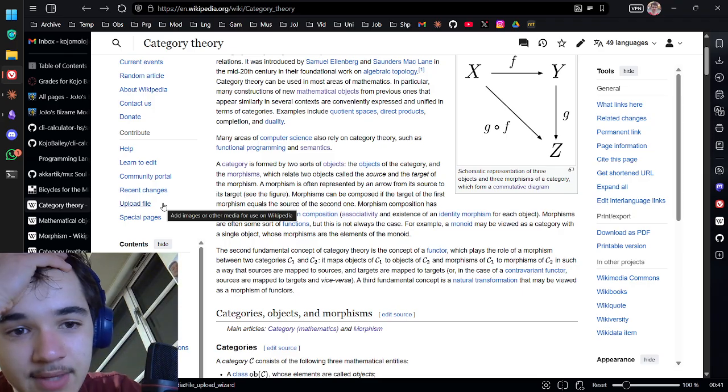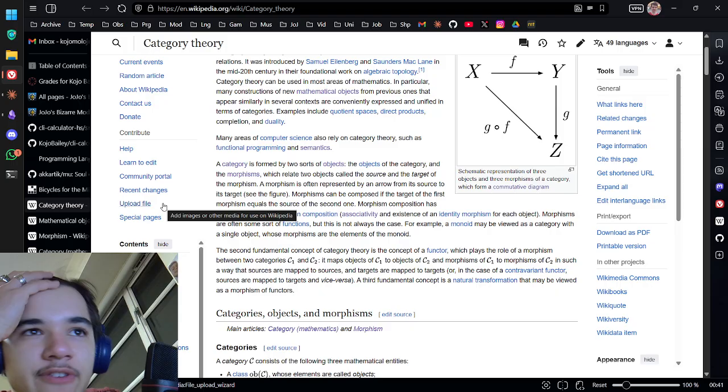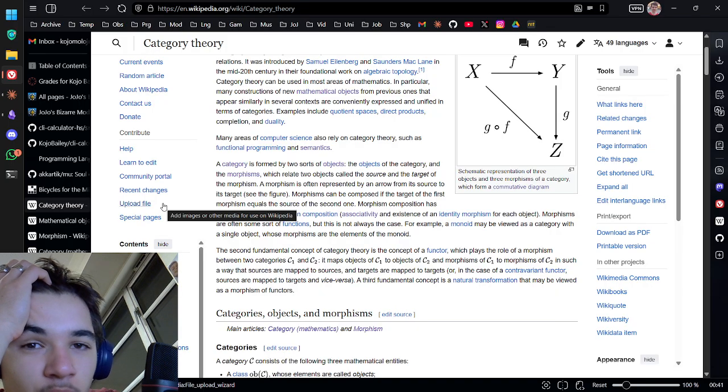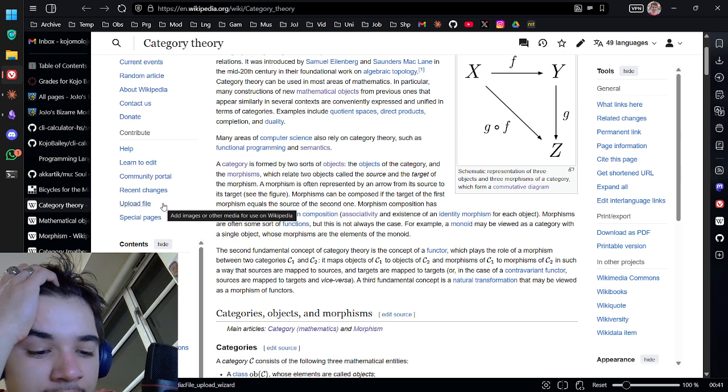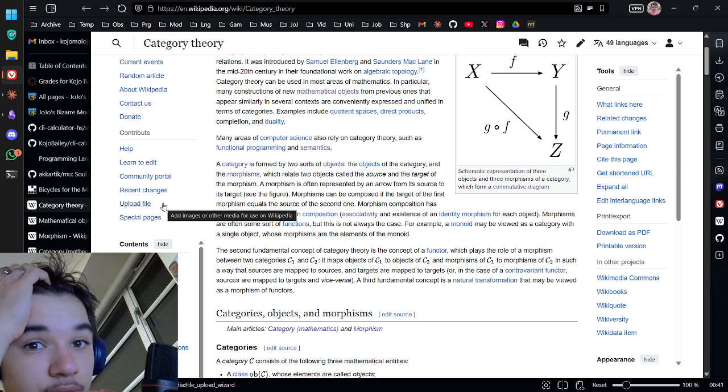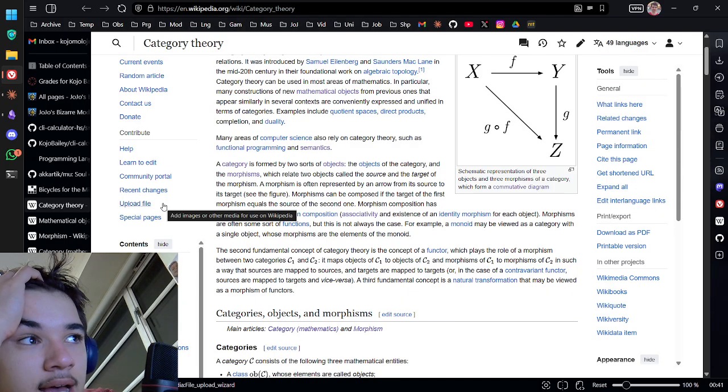Like in Haskell, yes, you have functors, but they're not enforced, which I think I might have said earlier in this video. There's no way for Haskell to actually enforce those laws, the functor laws, because it just doesn't have the tooling for it. But Agda can do it. Not necessarily intentionally.